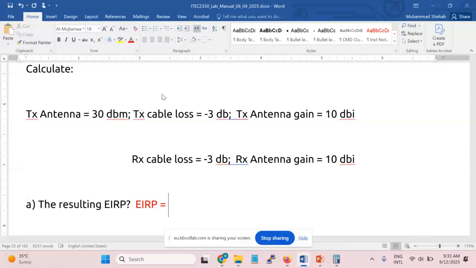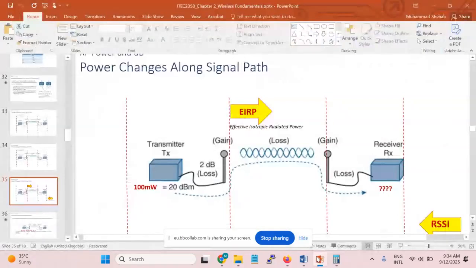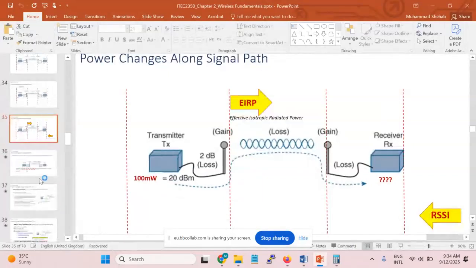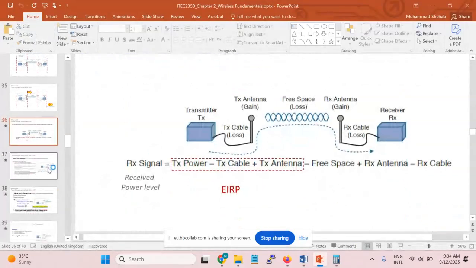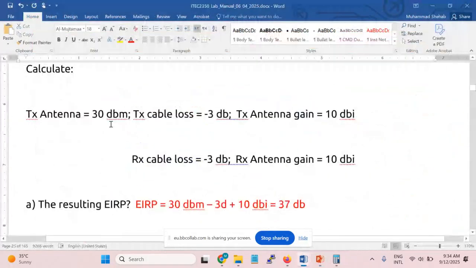EIRP equals transmitter power 30 dBm minus cable loss 3 dB plus 10 dBi antenna gain, which equals 37 dBm.